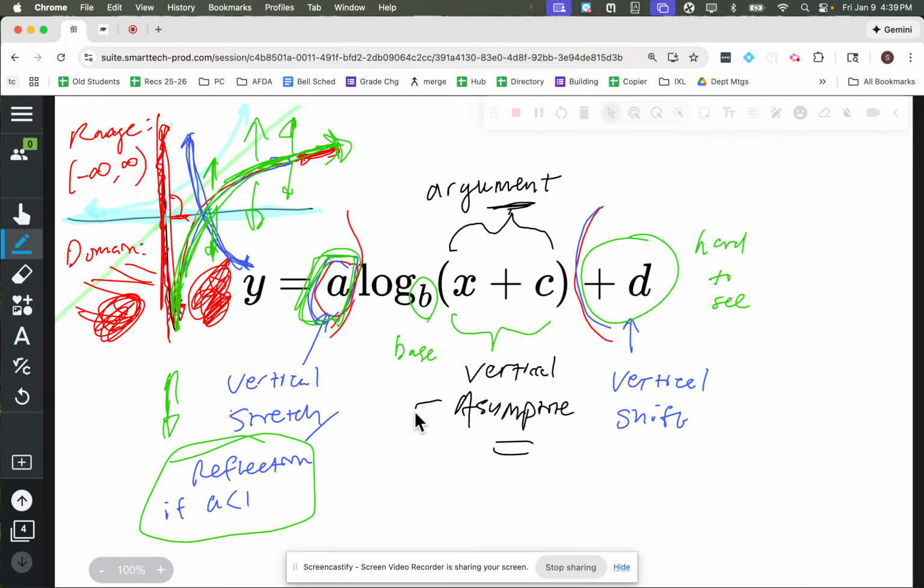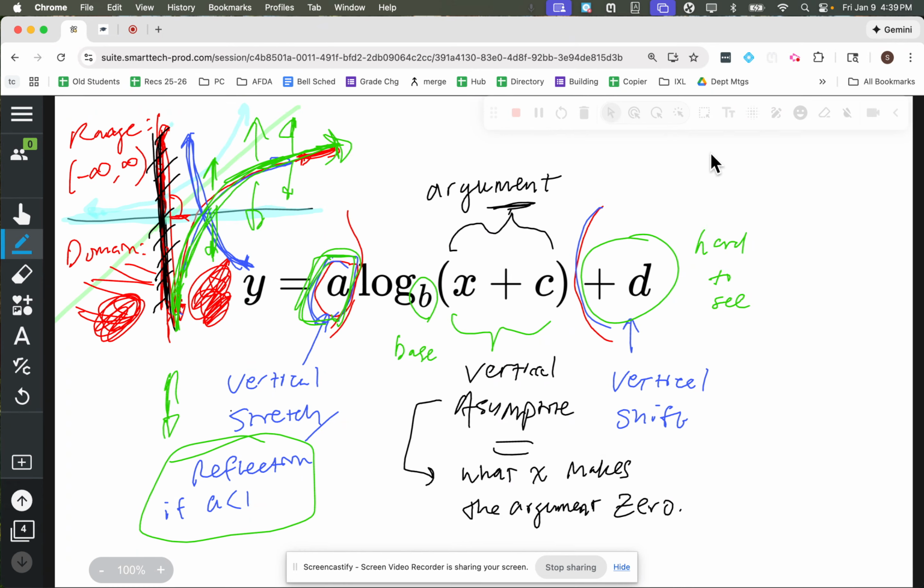Okay, the vertical asymptote is the x that makes the argument 0. That's why it's an asymptote. That's why it should be a dotted line that says this function may not touch that value of x, because it's illegal.